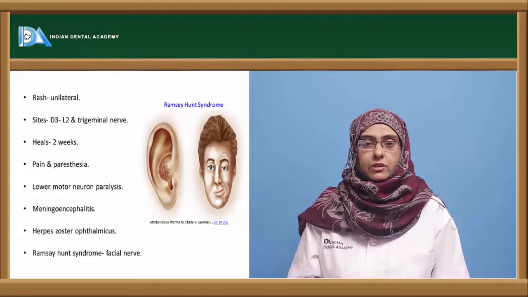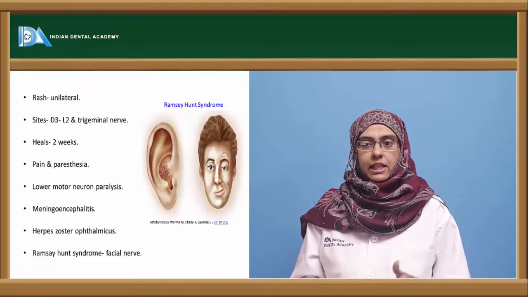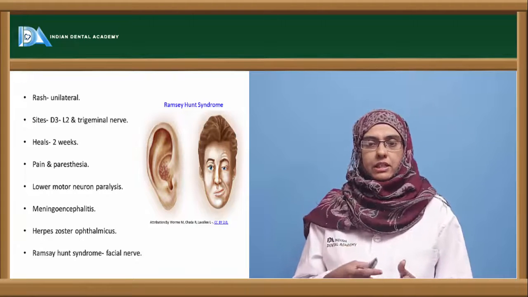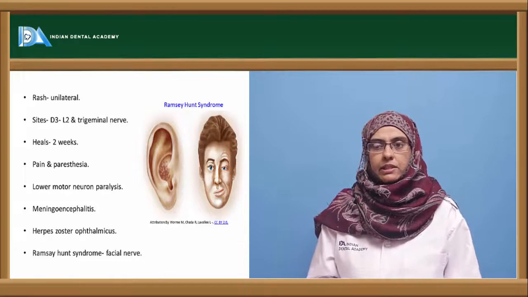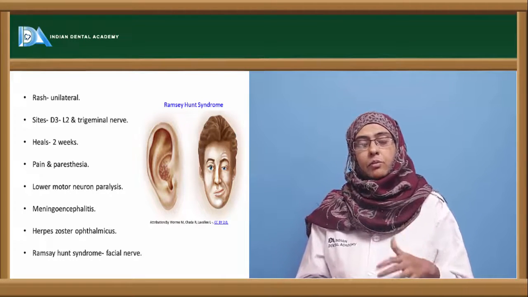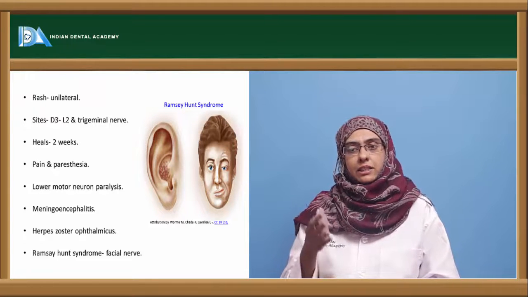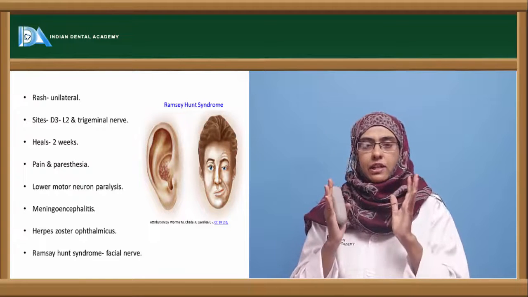The other complications associated with this disease are lower motor neuron paralysis, meningoencephalitis, and herpes zoster ophthalmicus. Apart from that, there is a very uncommon and rare disease expressed by this organism called Ramsay-Hunt syndrome, which involves the facial nerve.